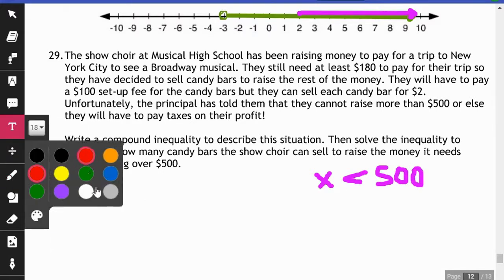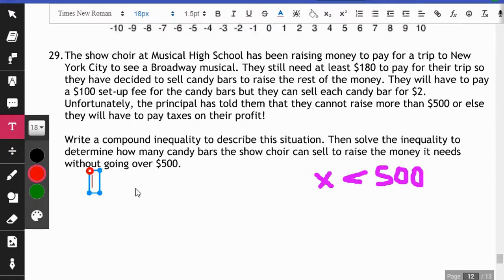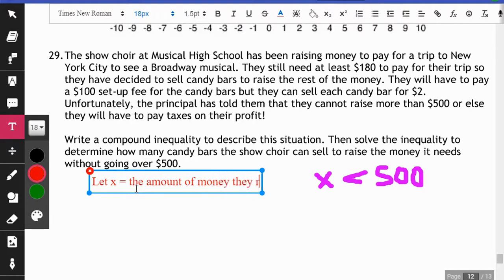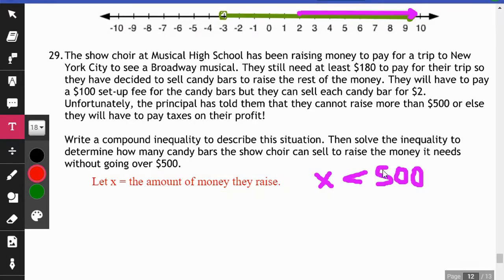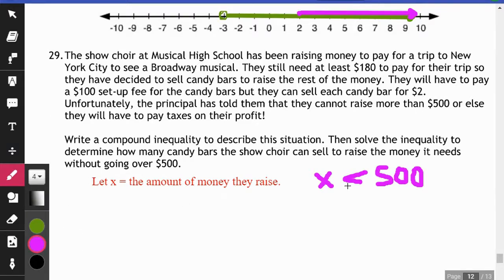Let x equal the amount of money they raise. So this is one thing we know for sure. They can't raise more than $500. Oh, more than. So technically, it can equal $500, just no more.